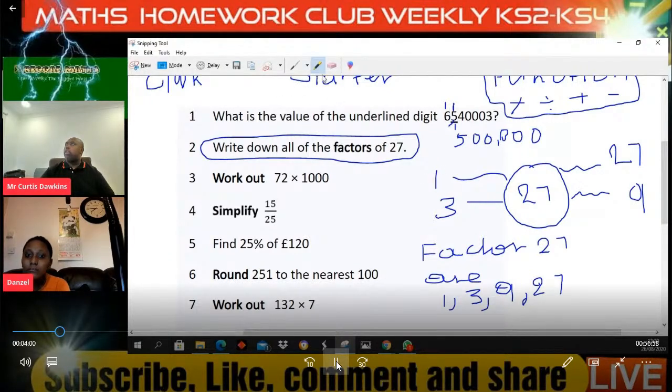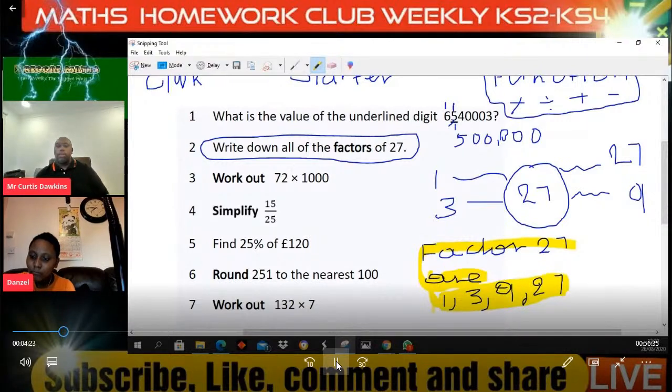Copy that down in the book, please. Factors are all the numbers that can go into 27 without leaving a remainder.